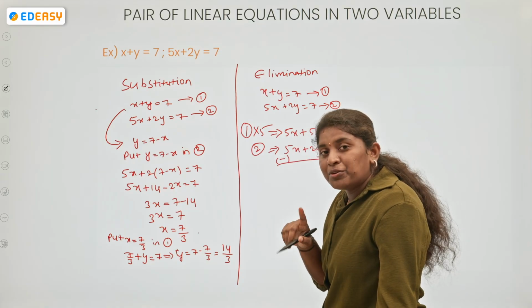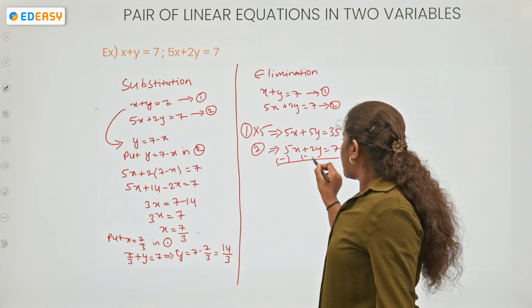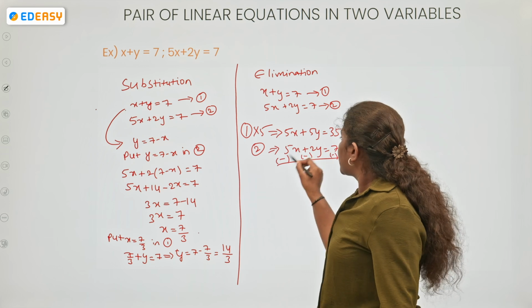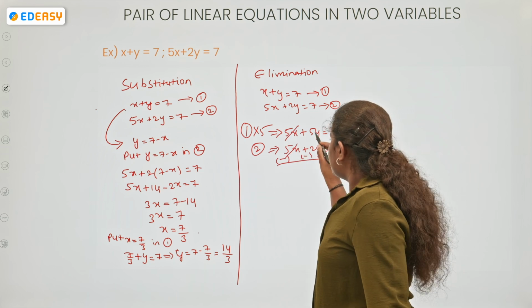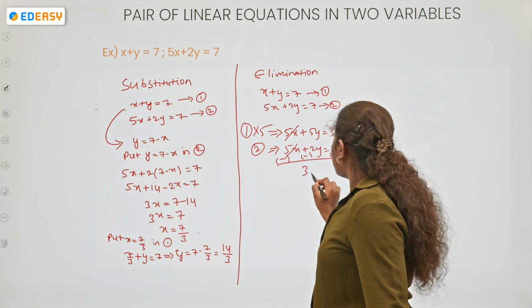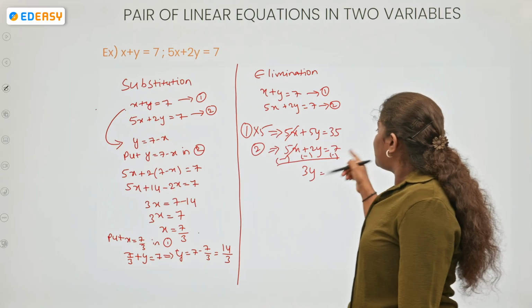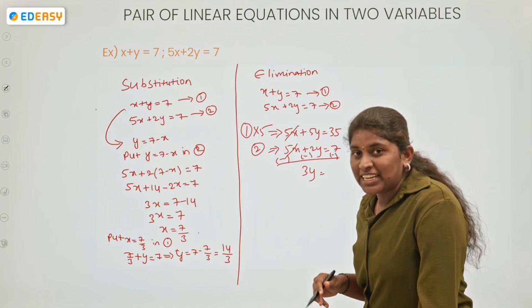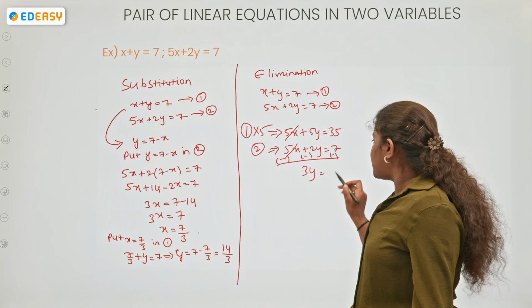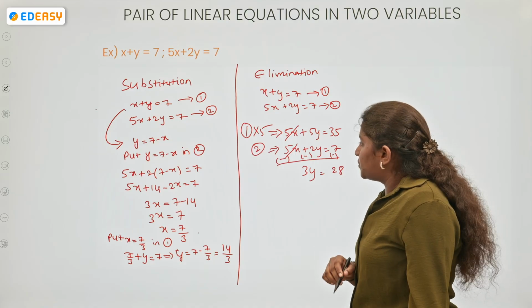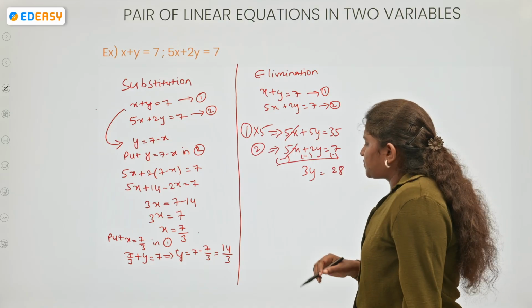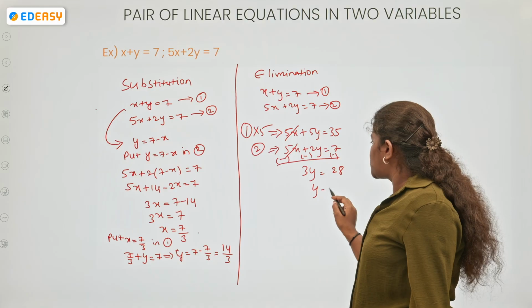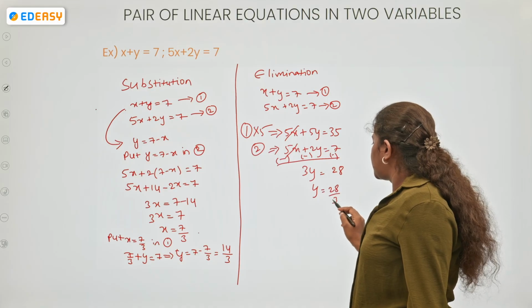For that reason, I am doing the subtraction, minus, minus, and minus. Plus 5x minus 5x cancel. 5y minus 2y will give you 3y equals to 35 minus 7. How much? Yes, 35 minus 7 will give you 28. Right? So now y equals to 28 by 3.